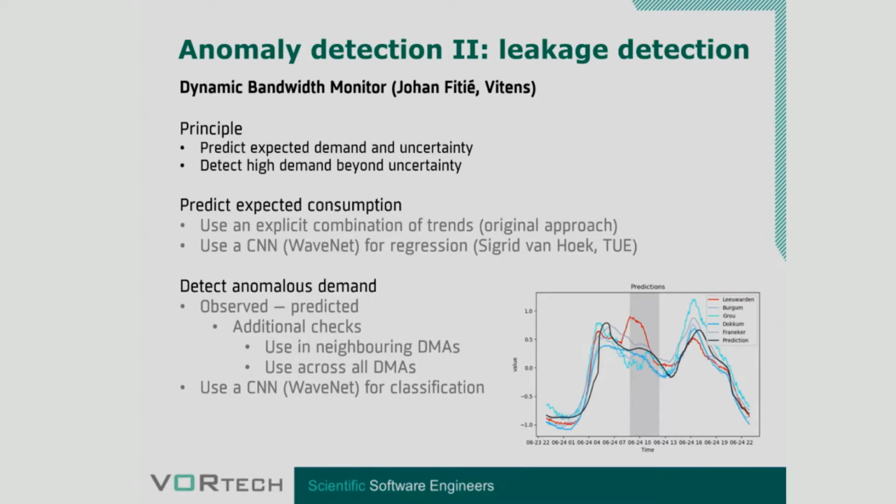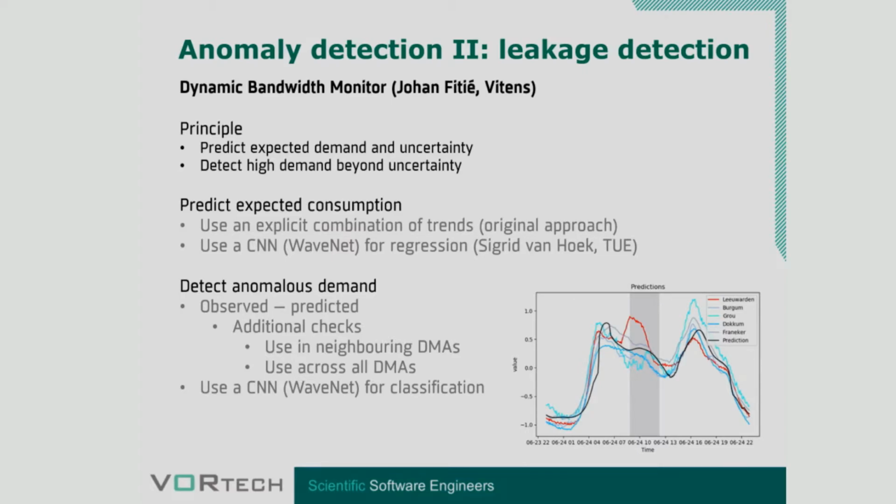This student that did her internship at us also tried to use the CNN, the convolutional neural network, for classification. So classifying a data point as being a leakage or not. But it turns out that it's not as reliable as simply the very simple checks.